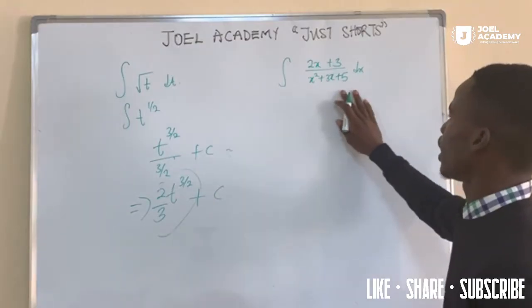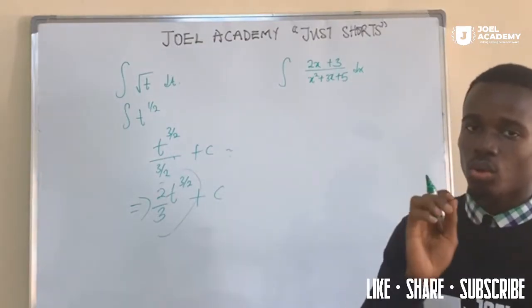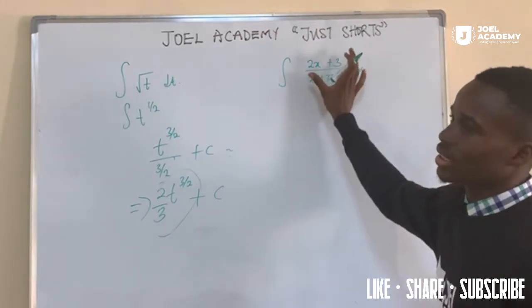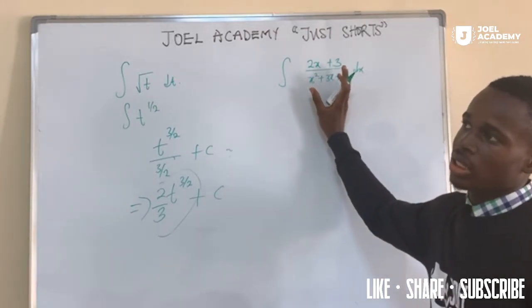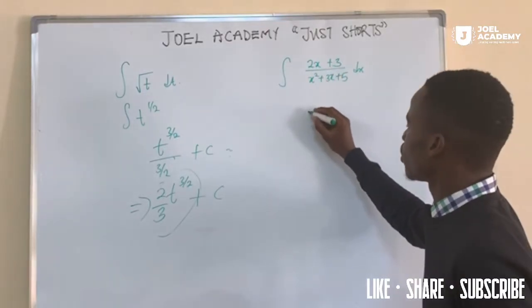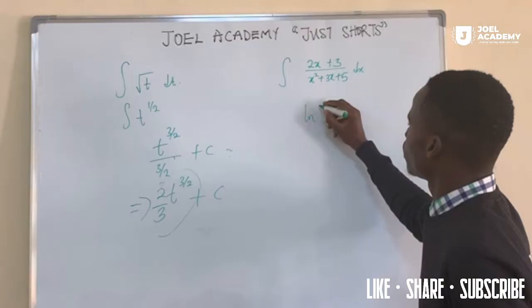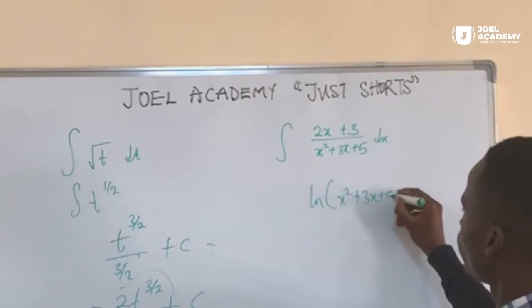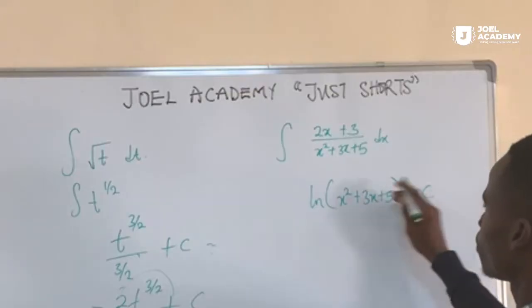So now if you have something like this, the shortcut is what we need to look out for: if we differentiate the denominator, are we going to get something that looks like the numerator? If it's yes, it means our answer becomes ln of everything we have here, ln of x squared plus 3x plus 5, plus c.